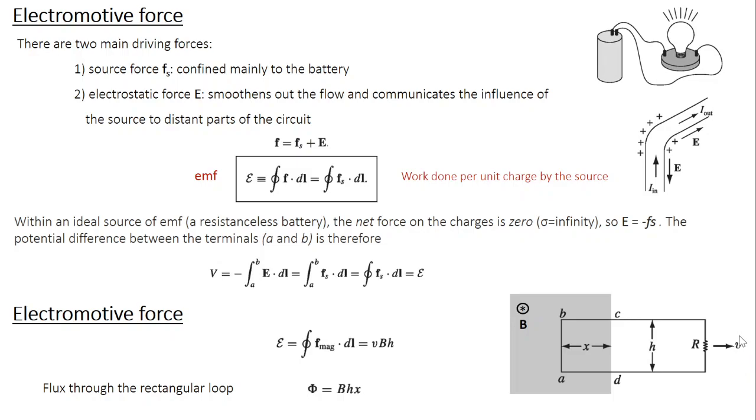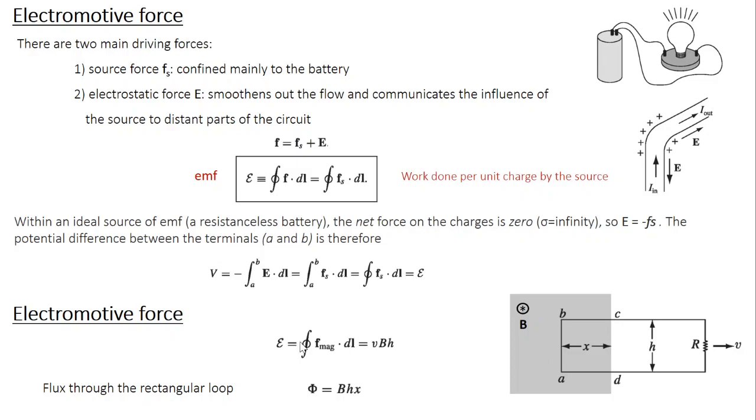So a magnetic force qvB is set up in this side, and the direction of this magnetic force is in such a way that it drives charges in the clockwise direction. On the other hand, if you look at the charges in sides BC and AD, they also experience magnetic force, but in this case the force is perpendicular to the side, so they do not contribute to the current flow.